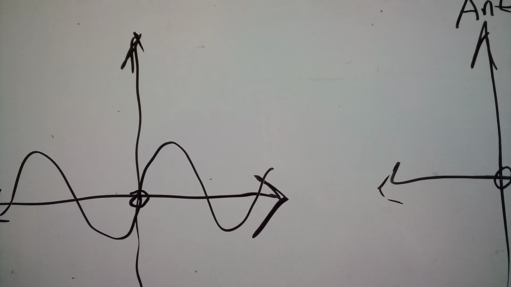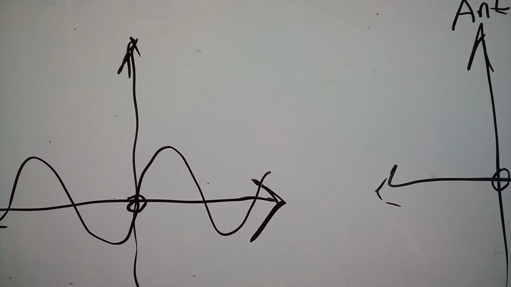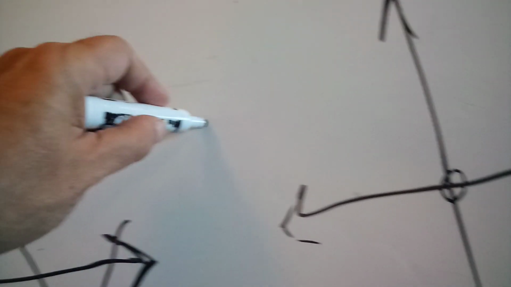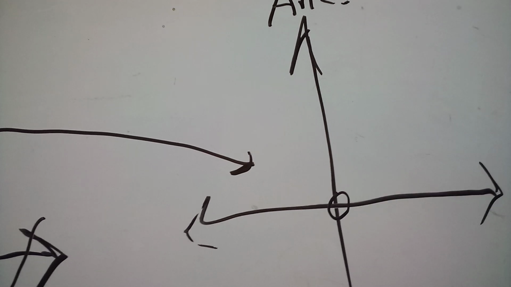But for those values that do apply, we could draw arrows mapping a point in the domain plane onto some point in what we call the range plane.